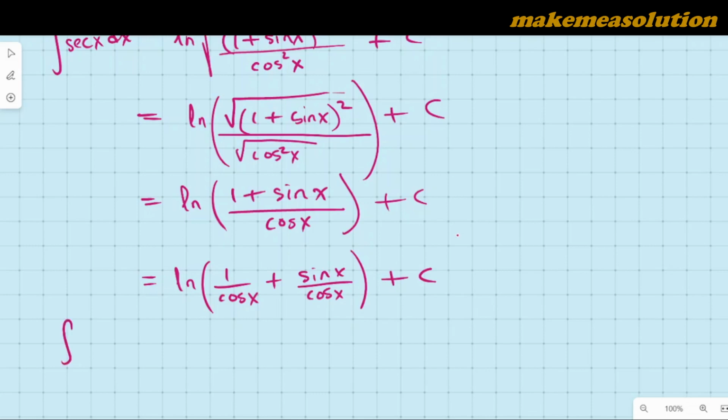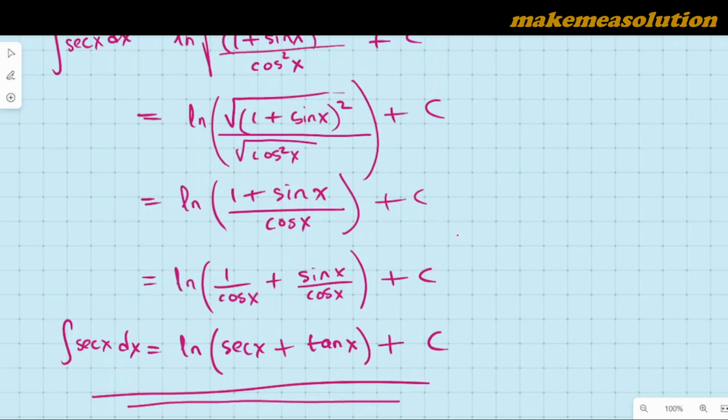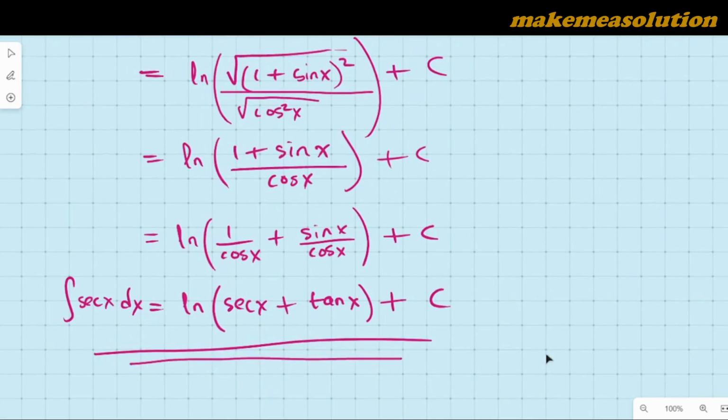And finally the integral of sec x dx becomes ln of, 1 over cos x is sec x, and sine x over cos x is tan x, plus constant of integration. So this is the proof that the integral of sec x is natural logarithm of sec x plus tan x plus c.